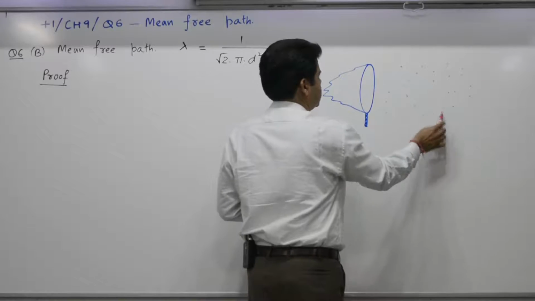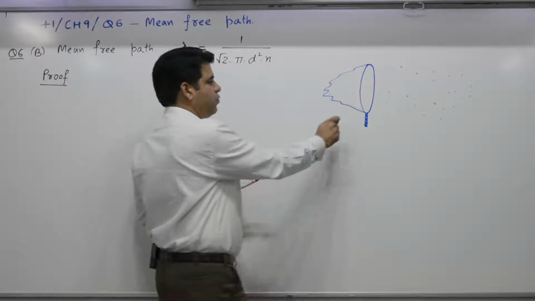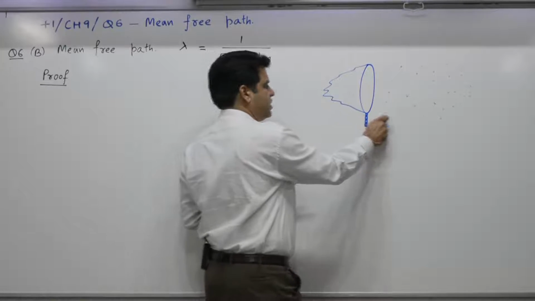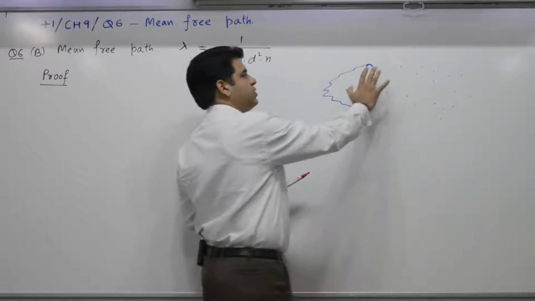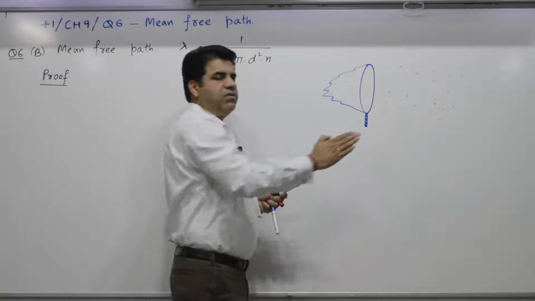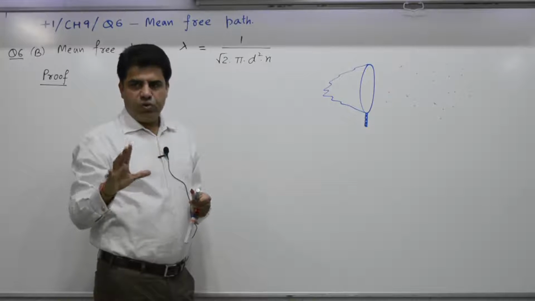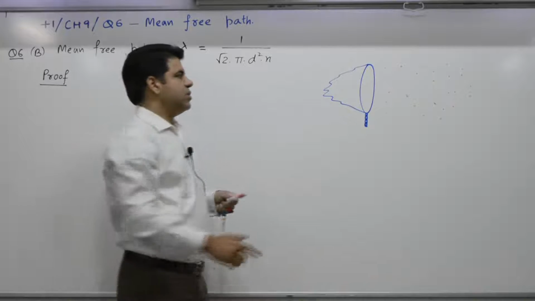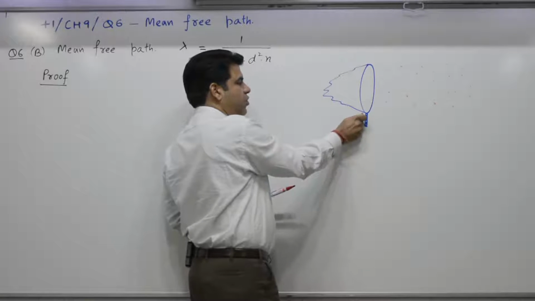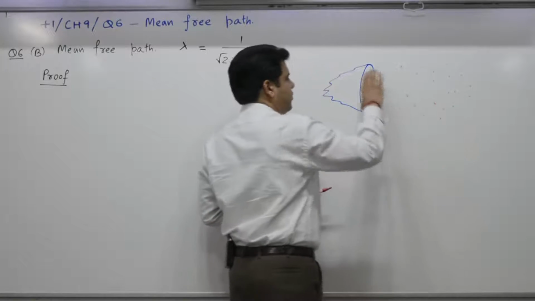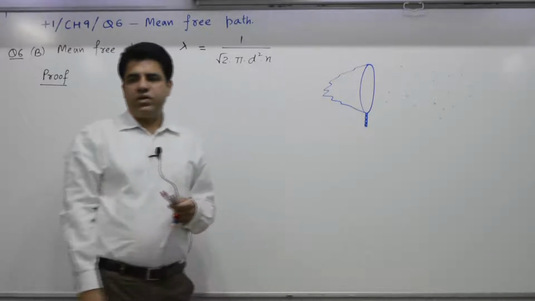So the analogy is, if you move this net towards the right, you will collect a certain number of mosquitoes. This is what we want to find out, the number of collisions. So the mechanical analogy is, you have a mosquito net with a handle, and if you move it towards the right, you will catch certain mosquitoes. This is what we want to know.